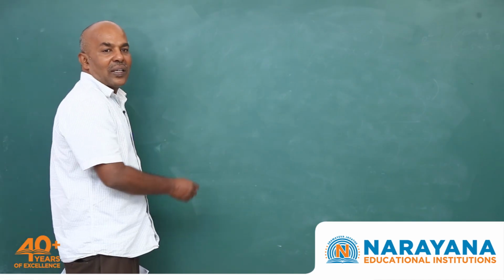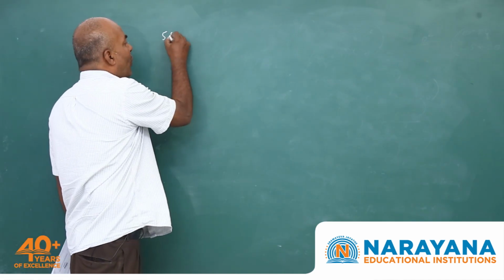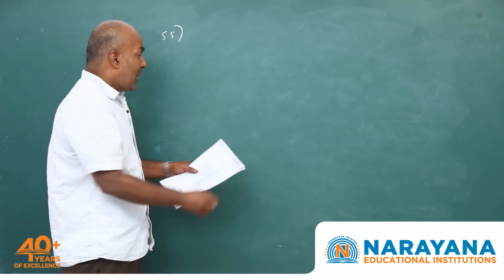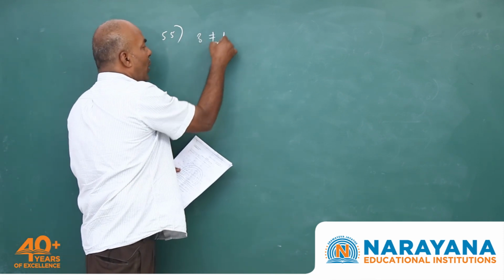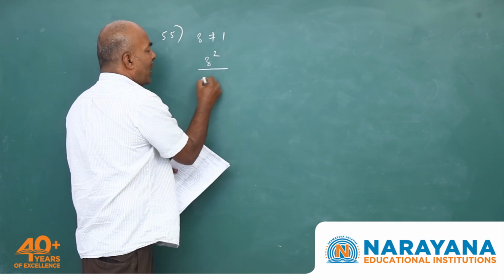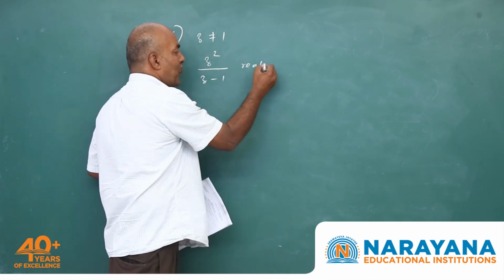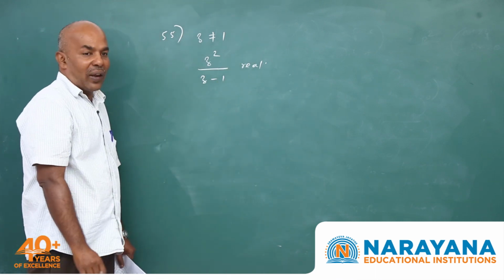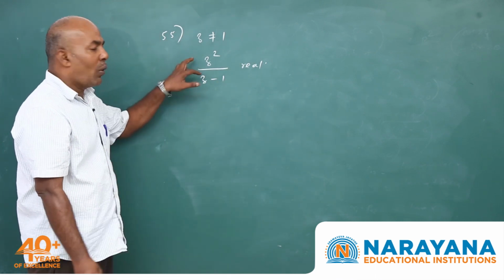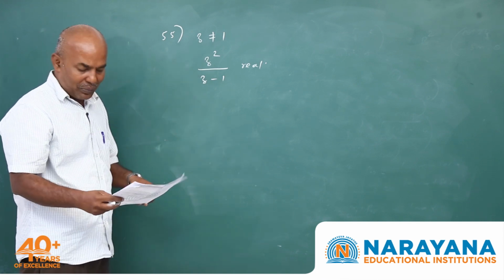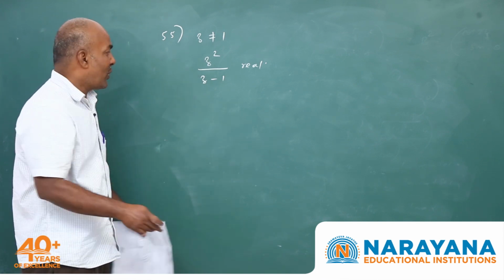Now we shall discuss question number 55. Question number 55 says that z is not equal to 1 and z square by z minus 1 is purely real. Our aim is to find out the locus of z, which lies on which of the following curves. The options are given. Let's see first.